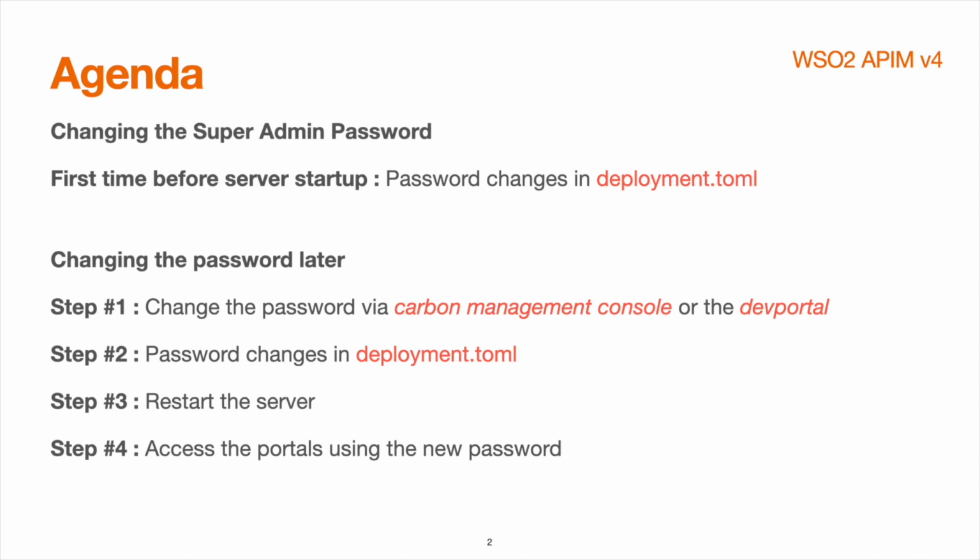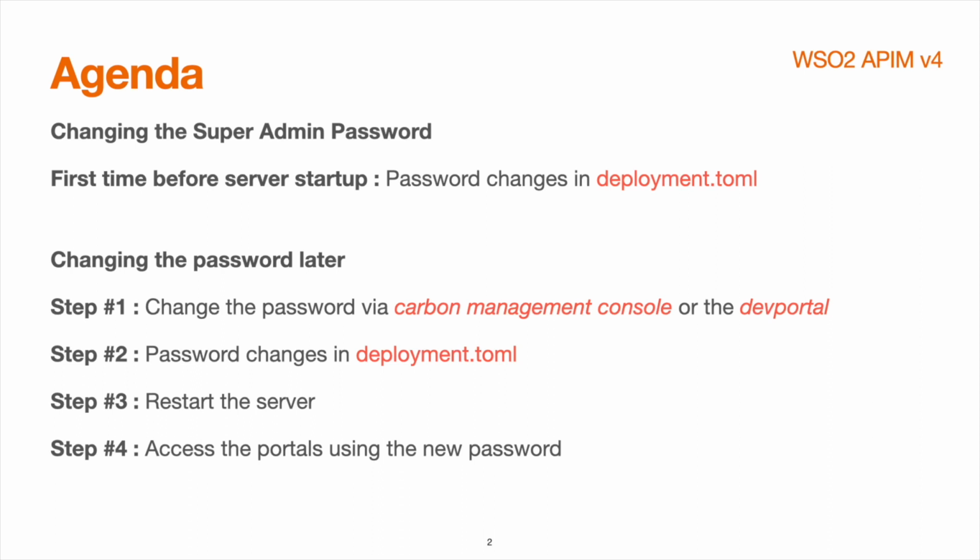Internally, during the first-time startup, WSO2 API Manager picks up the credentials from the repository configuration. There is a file called user-mgt.xml, and it writes to the respective primary user store.